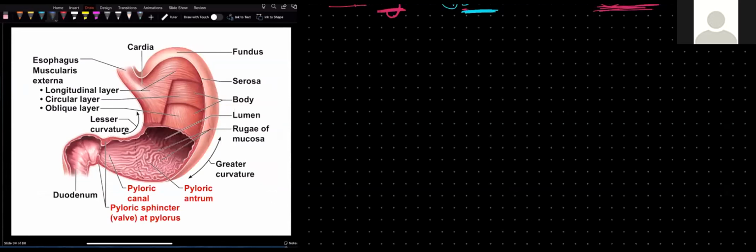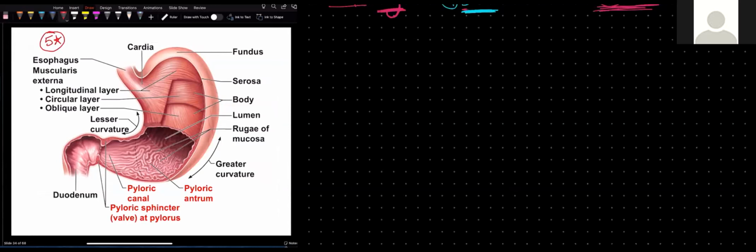Moving on to the anatomical structure of the stomach. The diagram showing the anatomical structure of the stomach is going to be a 5 stars diagram. It's a highly important diagram.